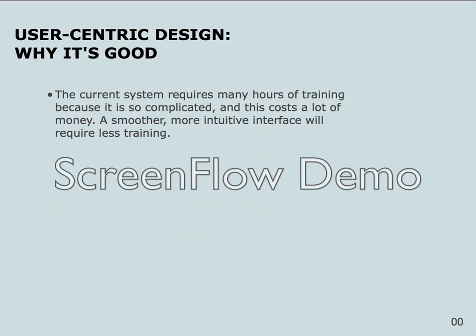Again, the current system requires a lot of training and a lot of practice in the cockpit, and hopefully our system would be much more intuitive to pilots, so that not only would fewer hours of training be required for each pilot, but it would be easier for them to use even after they're trained.